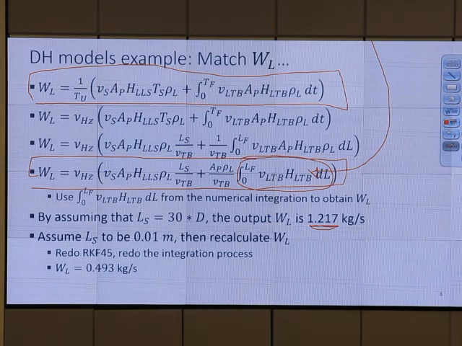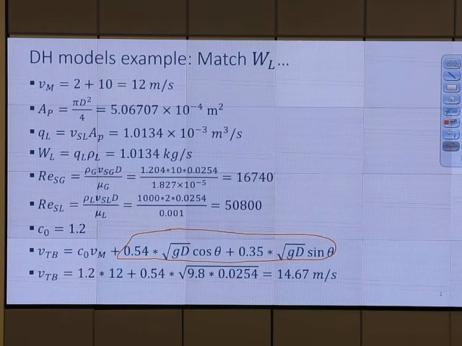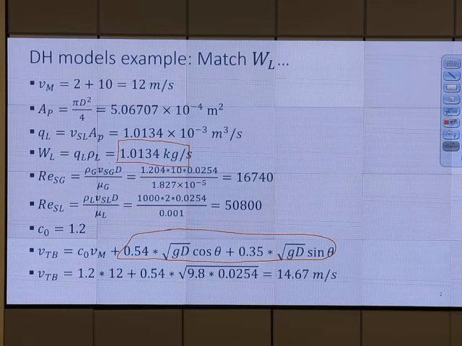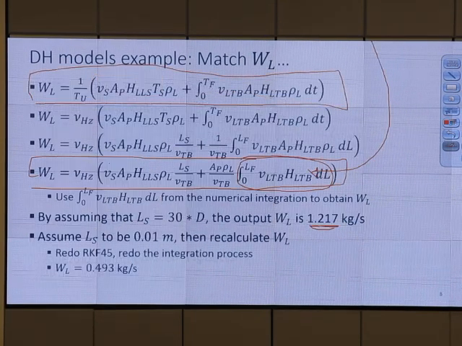Do I like 1.217? No, I don't, because my actual input is 1.0134. But when I assume 30 diameters, I get 1.217. So I don't like it.